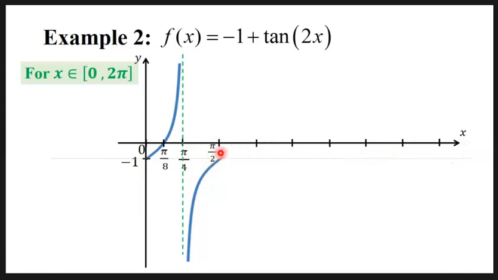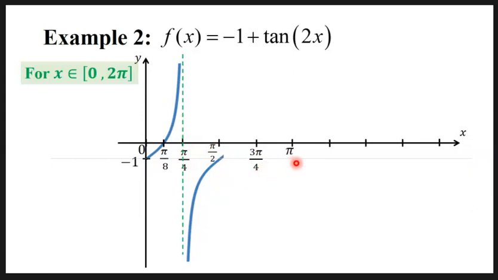So let us extend the marking on the scale of the x-axis. After pi over 2, the next marking I will have is 3 pi over 4, and be aware, the marking in this case is not based on the sub-interval just now, but based on the graph here, the difference from pi over 4 to pi over 2, which is from pi over 2 to the asymptote, the difference here.